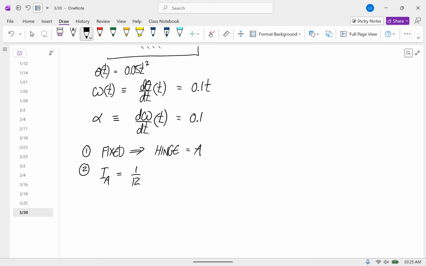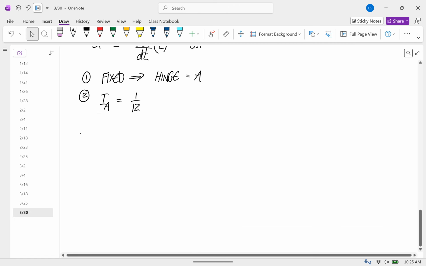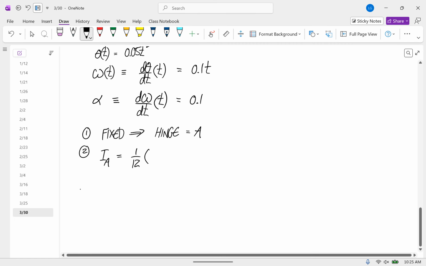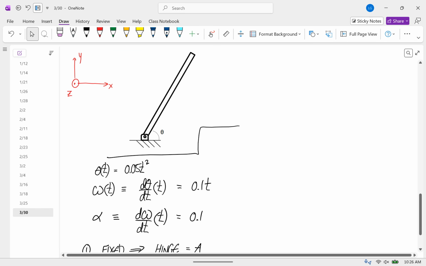So for the moment of inertia, we have 1/12 times 15 kilograms times 1.5 squared. That's the one about the center of mass. And then the parallel axis theorem part says add on the mass times the square of the distance from the center of mass to the about point you want.